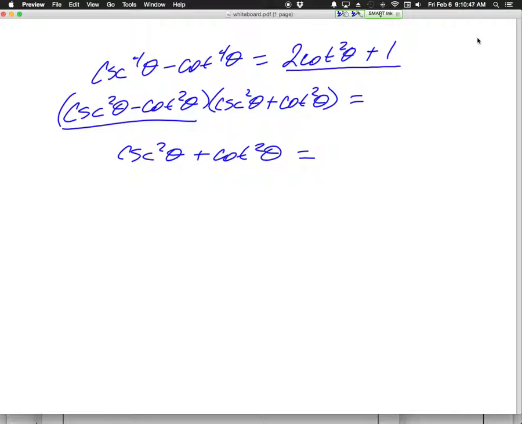Is there any way I can get a cotangent squared out of cosecant squared? What does cosecant squared equal on the Pythagorean? 1 plus cotangent squared.